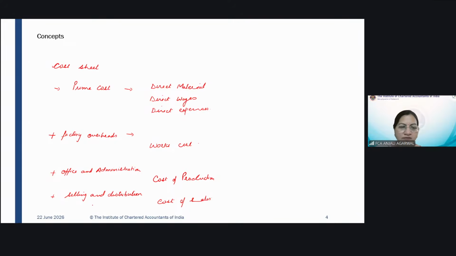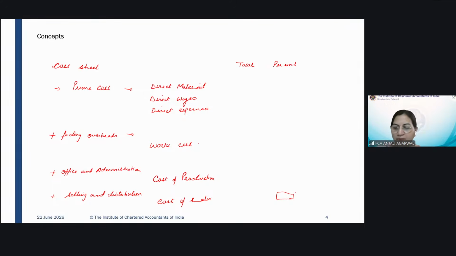Any general overheads which are allocated to this particular product, like the director's salary, etc., will also be added after the selling and distribution overheads. So this is your total cost of product. When we prepare a cost sheet, we write the total cost and we also calculate the cost per unit. So this helps us in finding out what is the cost per unit of manufacturing a product or to sell a product.